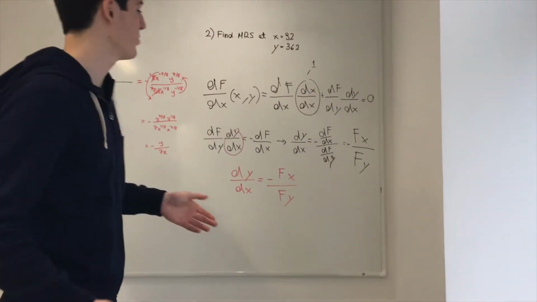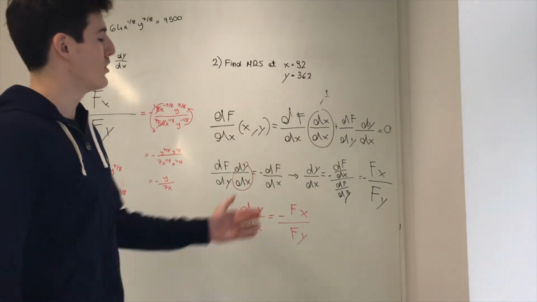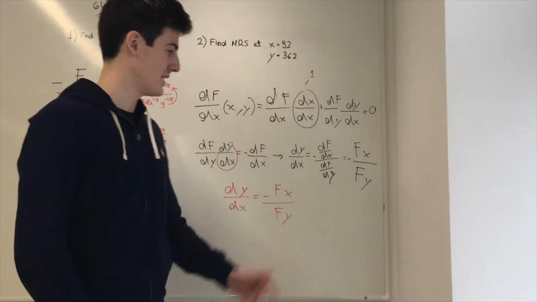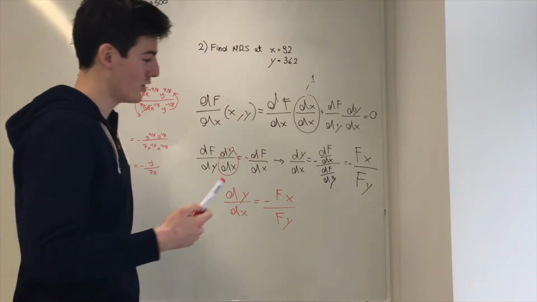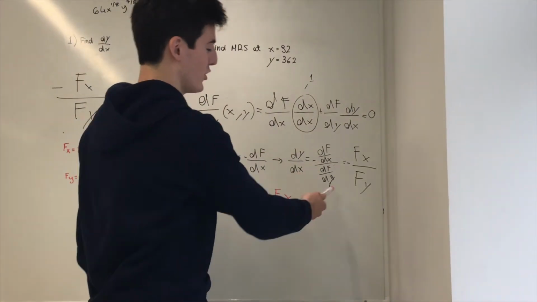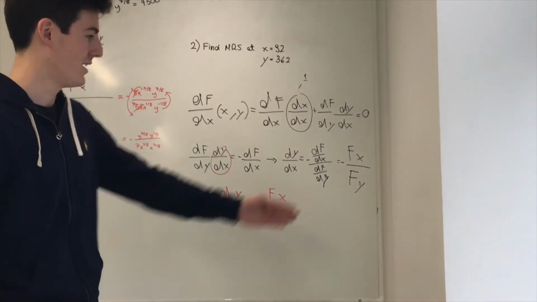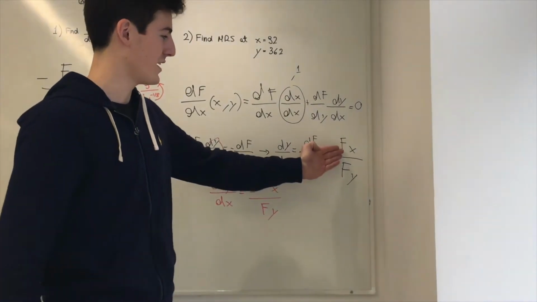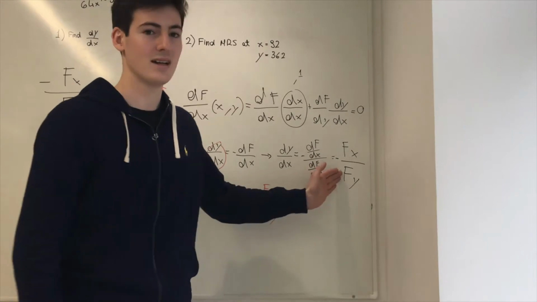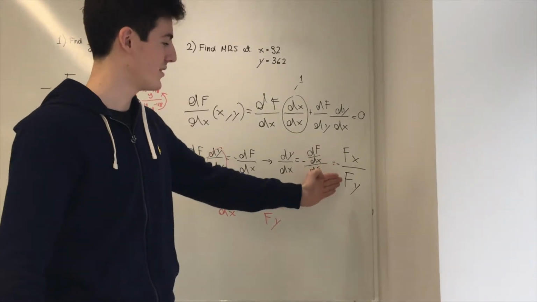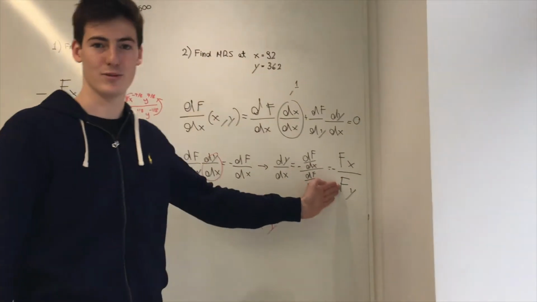So in conclusion, we can say that dy over dx equals minus the derivative of the function f in terms of x over the derivative of the function f in terms of y, which we can also write this way: minus fx, the derivative of function f in terms of x, divided by the derivative of function f in terms of y.